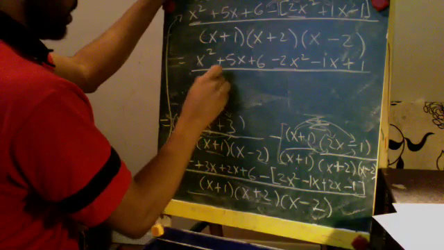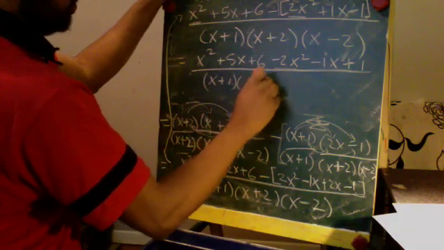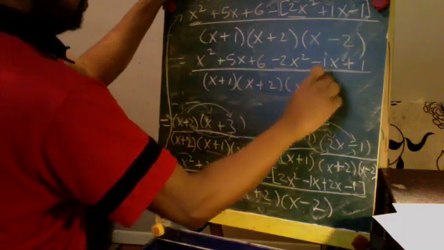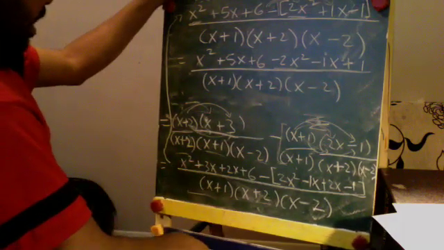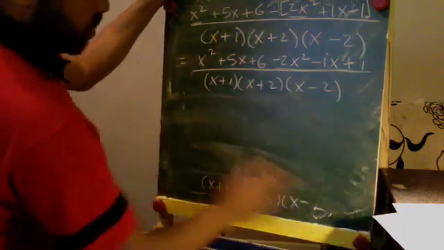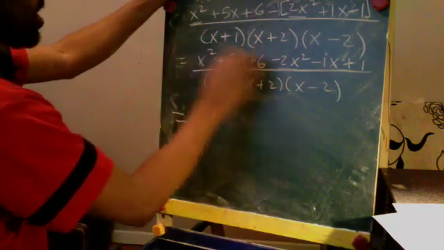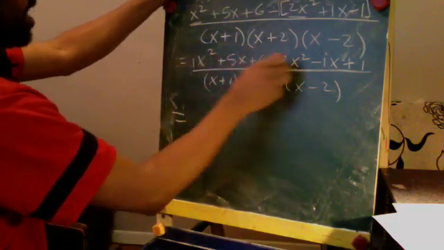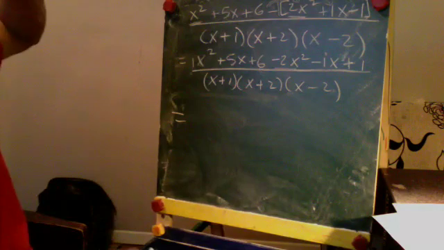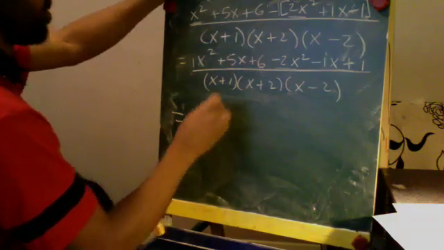All right, so I still have my denominator. And finally, I'm going to do the last step of the simplification. x squared minus 2x squared is just going to be a negative x squared.